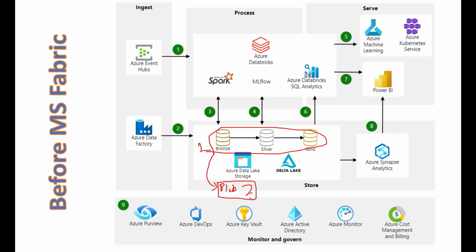And if you want to have an API kind of integration, there you might use Cosmos DB. So there you might have a third layer of data, and where you want to report it to Power BI, the data needs to be available in Synapse Analytics.